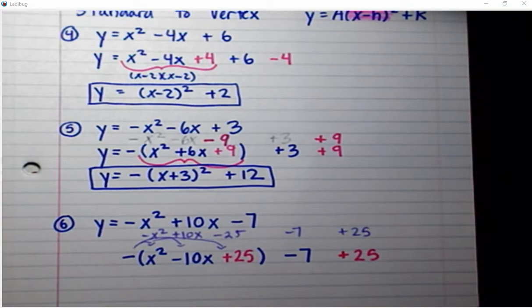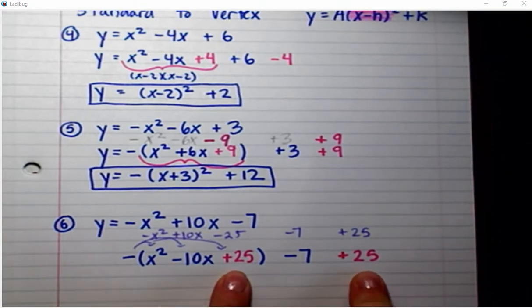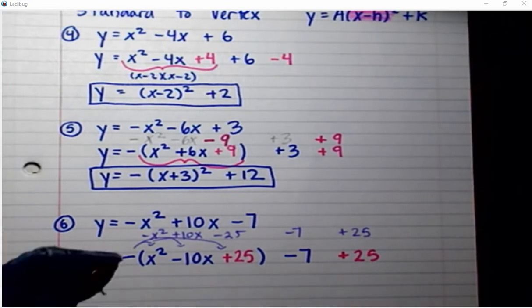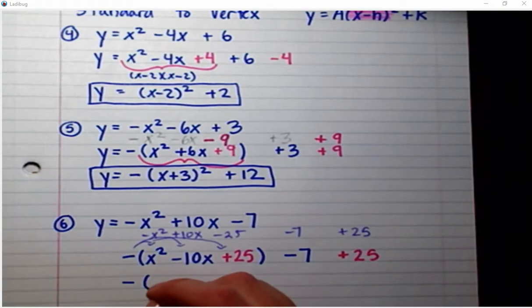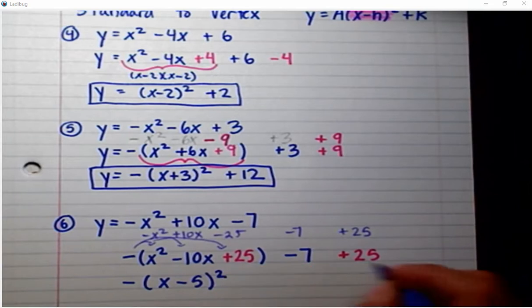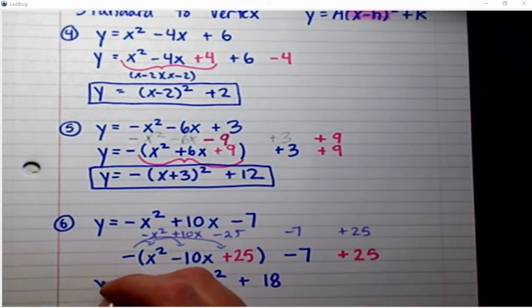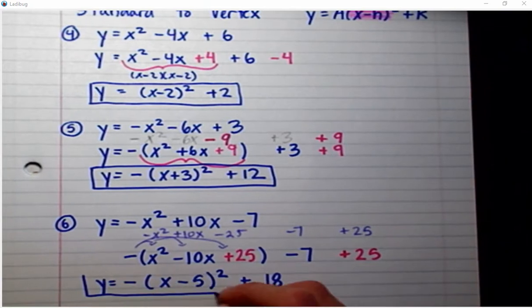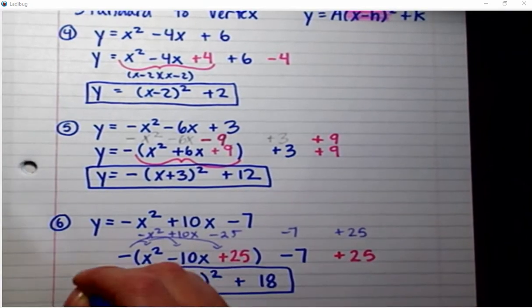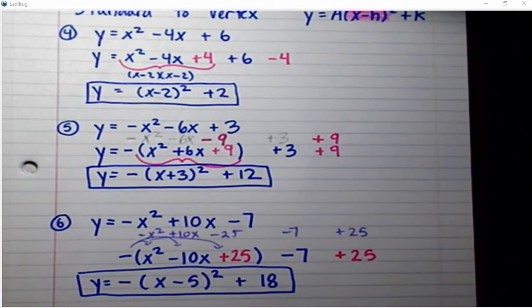If there's a negative, I know it looks like I'm adding 50. I'm not, because this one's really negative. Okay, complete the square. Plus 18. Yes.